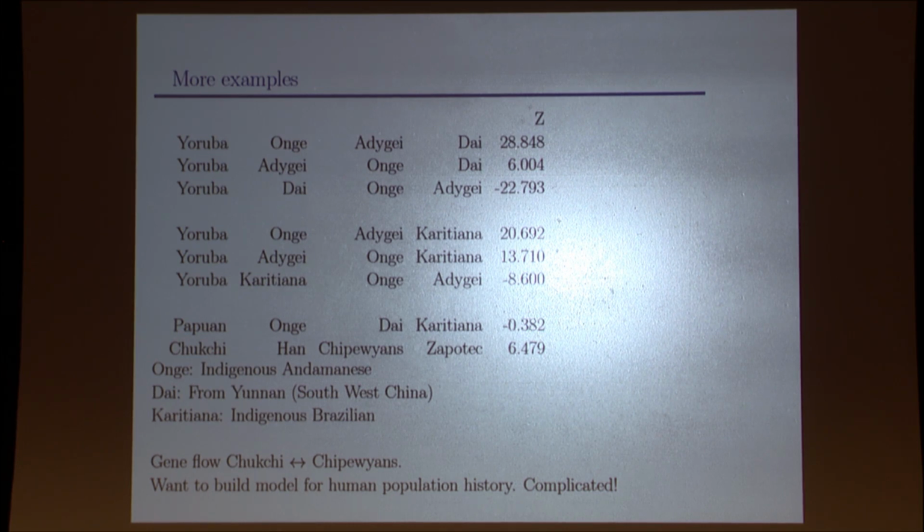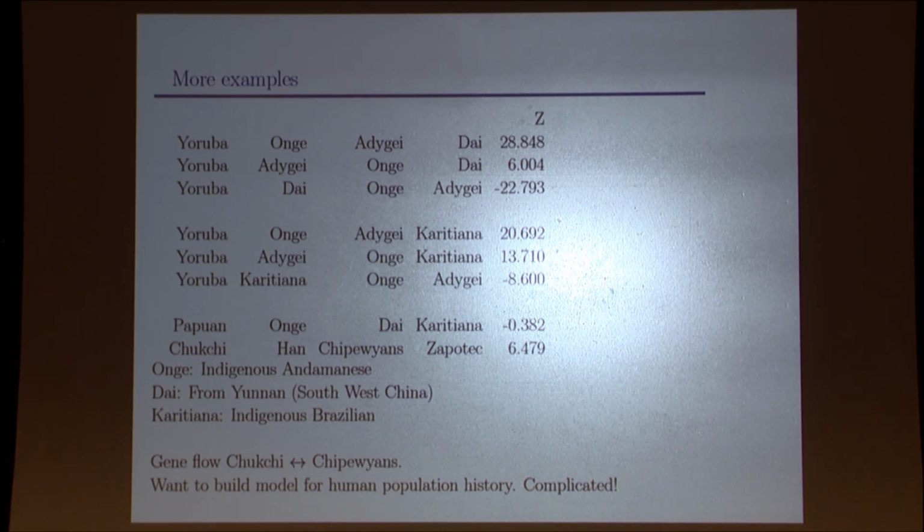Now in this case, let's just do some common sense. Yoruba is from West Africa. We believe there's been very little gene flow between Africa and most of Eurasia in recent times. So gene flow between the Yoruba and the Andamans is not a good guess, right?